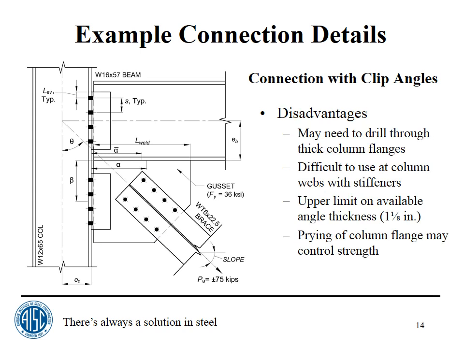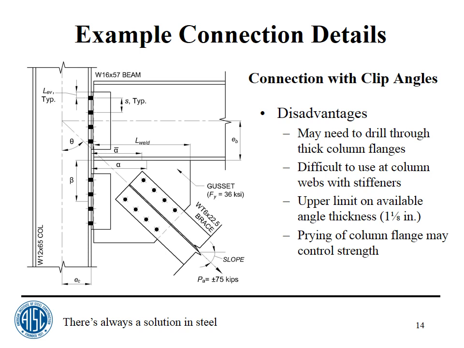What are the disadvantages? Well, if you're connecting to column flanges, then you may need thicker column flanges, which is not desirable. It's expensive to do that. It's difficult to use if you have column web stiffeners, for instance, if there are moment connections in the other direction, in the weak axis direction in this picture.